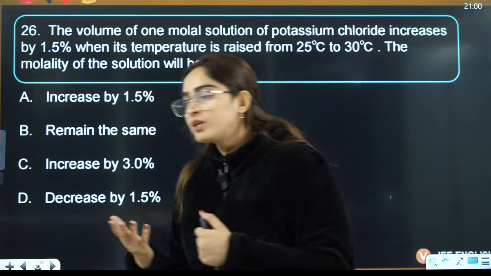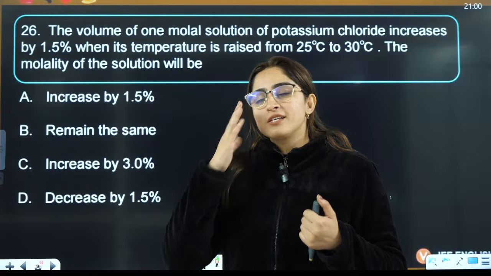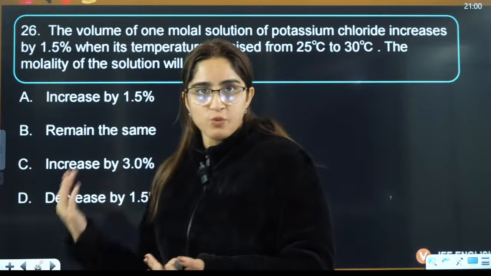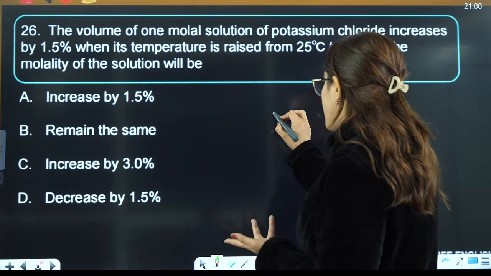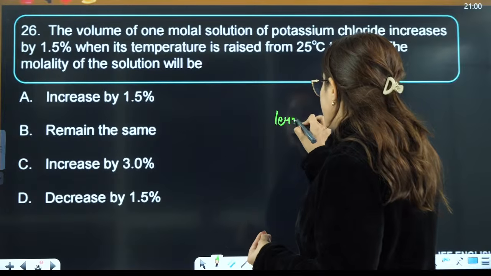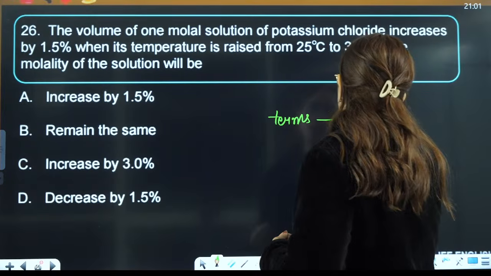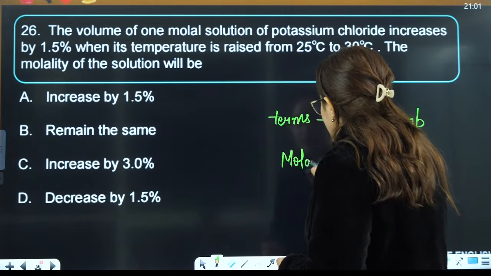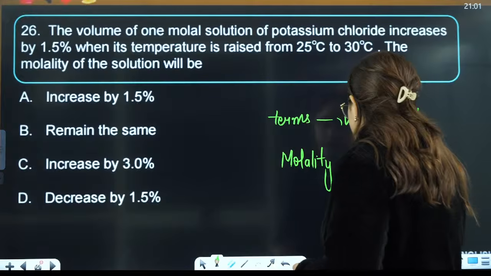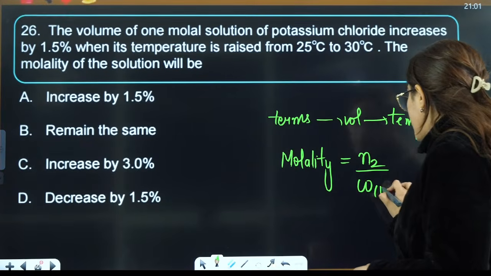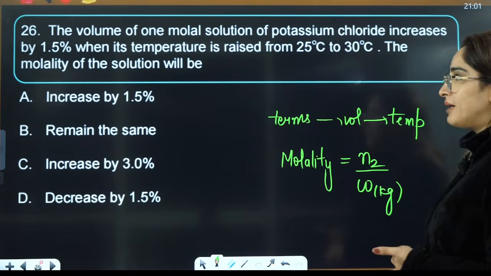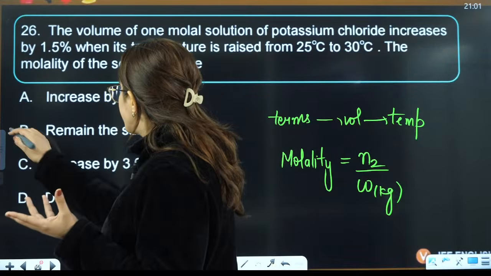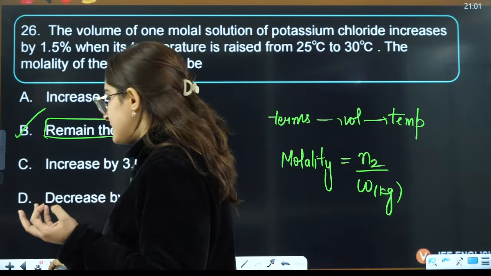Without asking whether molality is dependent upon temperature or volume, they are asking this question. See, all the concentration terms which are dependent upon volume will be dependent upon temperature, but molality is dependent upon mass. It is the number of moles divided by weight in kilograms. So it is not dependent upon volume or temperature, so it is going to remain the same, right?